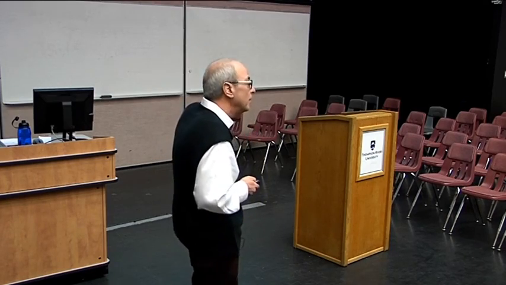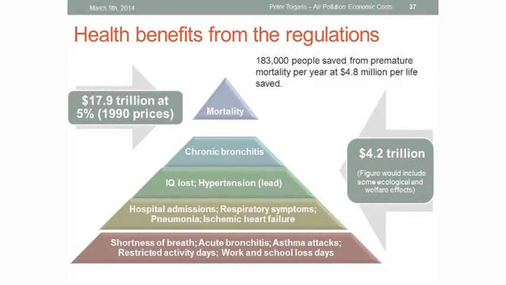And how did they get that? Well, they estimated that there would be 183,000 lives saved. And each life saved was worth $4.8 million. Do the math, and you'll get about $17 trillion. And there was chronic bronchitis. IQ loss avoided because they removed lead, so American kids were smarter, or not as dumb.